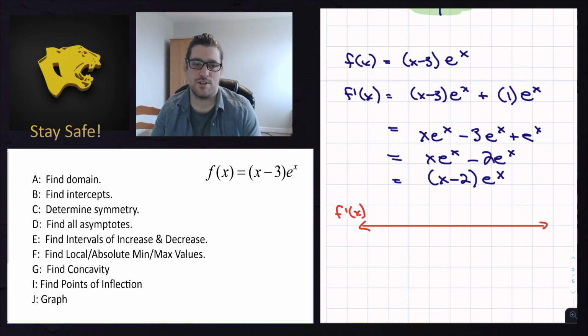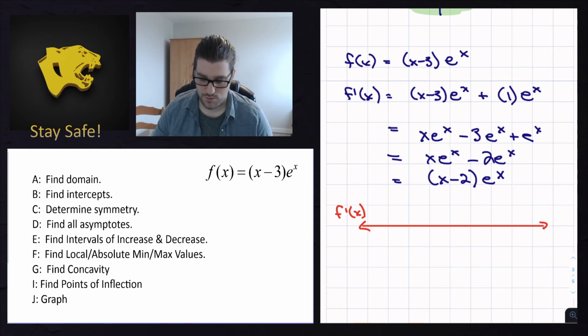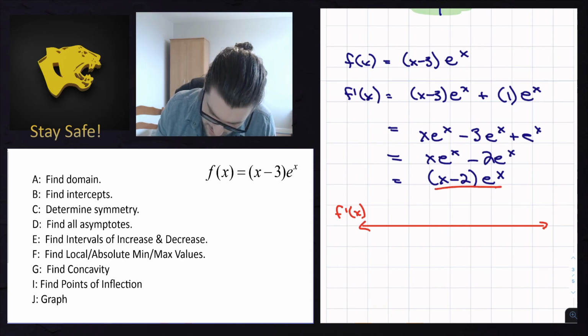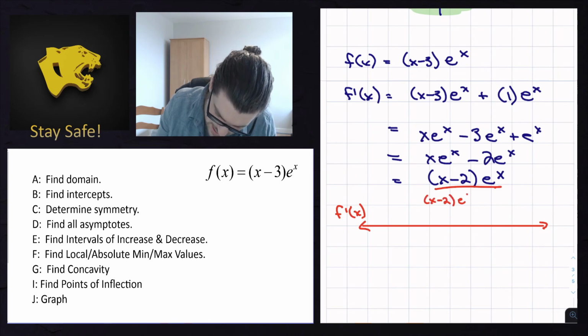So the special values are any critical numbers that I found, which we didn't actually talk about yet, and any domain issues, which we had none. So the question is, where is this equal to 0? So (x minus 2) e to the x equals 0.